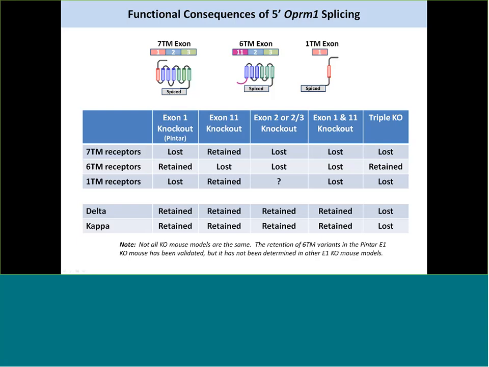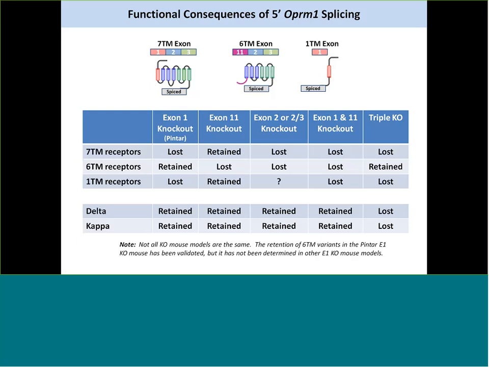We made an exon 11 knockout, and in this knockout, we were able to retain full expression of the 7TM receptors, losing only the 6TM receptors. We've also made another knockout, which I'll describe a little later, in which we knocked out both exon 1 and exon 11. And as you can imagine, by doing that, we have a full null knockout with no expression of any OPRM1 splice variants.